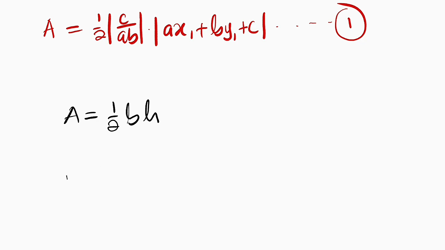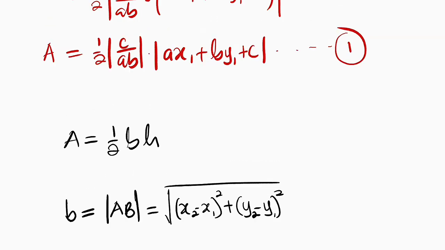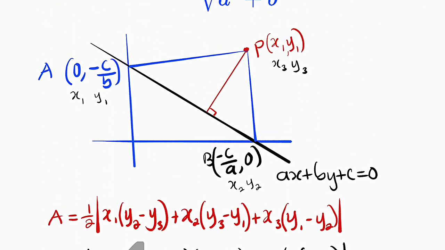So to find the base, we have to take the absolute value of the base, which is AB, which is the magnitude. This can be computed using the square root of x2 minus x1 squared plus y2 minus y1 also squared. But what is x1, x2, y1, y2? We already have them here.